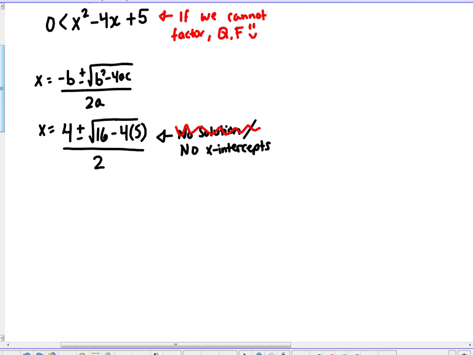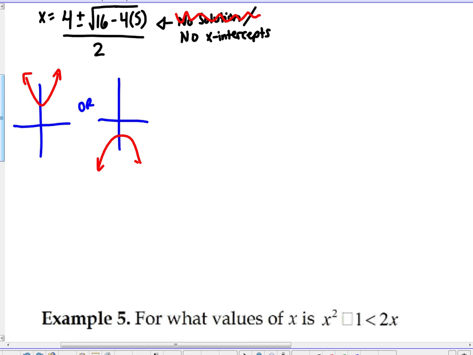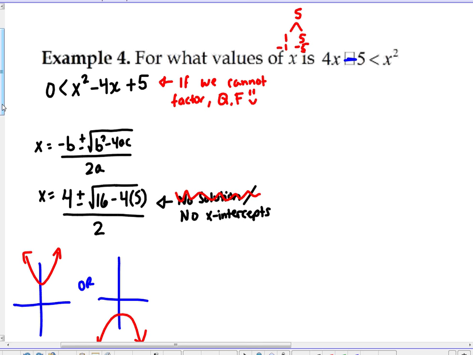So what that means is we have one of two cases. First case is it's above the x-axis, and second case is the graph is below the x-axis. Right? And which do we want? Do we want where our graph is positive or negative? Looking at our equation up here, when is it positive, right?